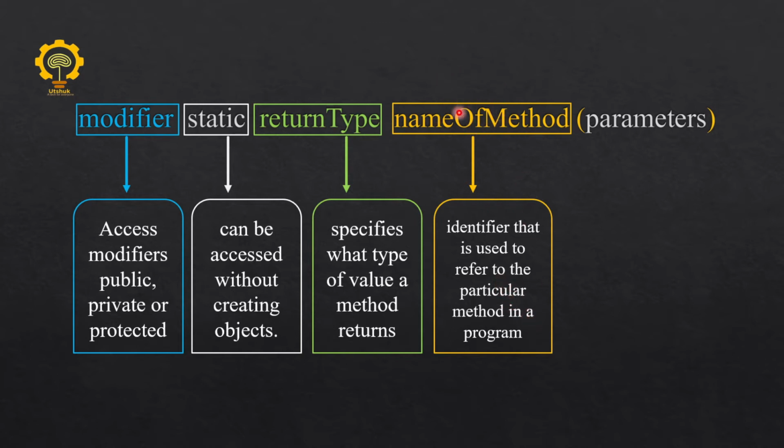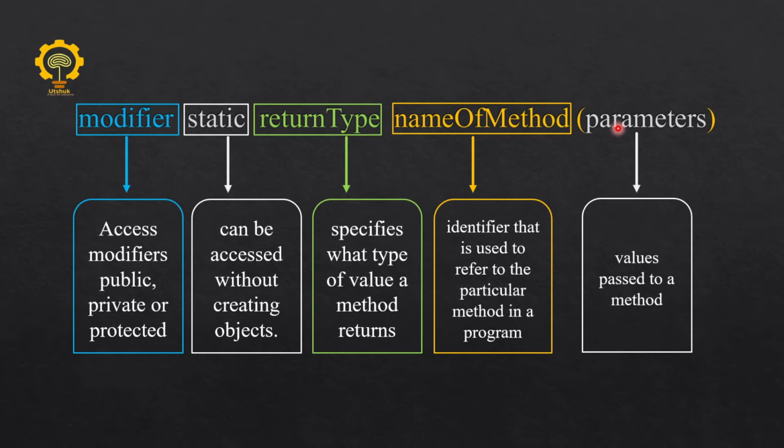And this one is the parameter. It's also considered an argument, a value passed to a method. Parameters can be multiple, like 1, 2 or many, and inside the parameter we can pass an integer value, character, string, float or any kind of value.